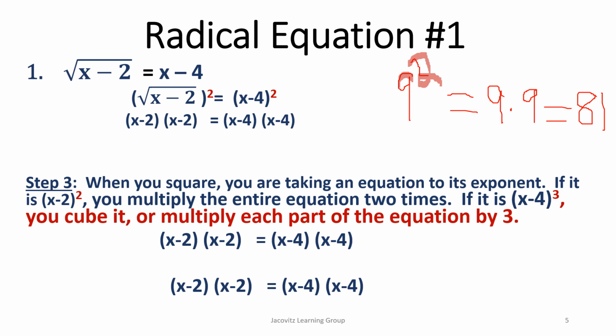I'm sorry, I think it writes better if it's larger. So 9 squared equals 9 times 9 is 81. 3 squared, come on, you guys in Algebra 1 know these, is 3 times 3, and that becomes a 9.